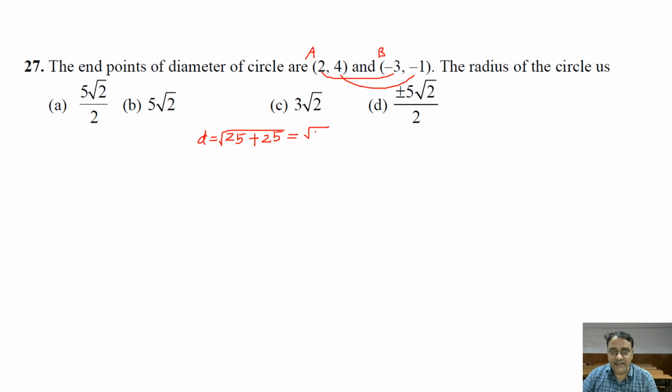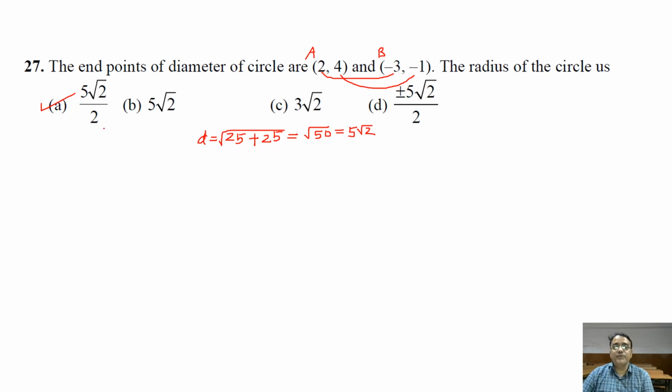What is root 50? 5 root 2. And which option is the correct one? Option A, right. We will not take plus minus, because the length is never negative. So the correct answer is 5 root 2 by 2. This is clear? Yes, sir.